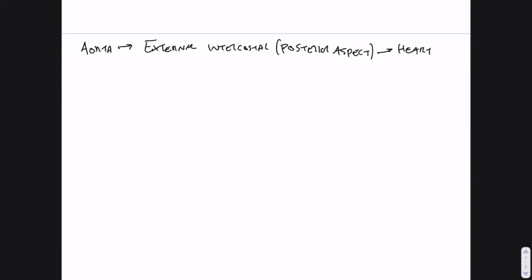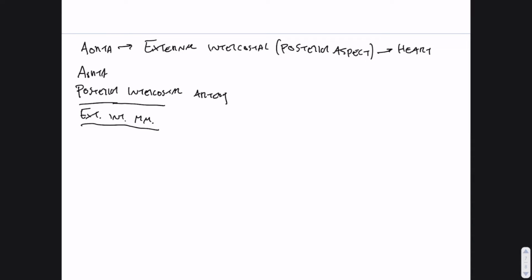So aorta, external intercostal muscle, and then back to the heart. So let's do that. We're going to start in the aorta, obviously. The external intercostal posterior aspect is fed by the posterior intercostal artery, and then we're there. So we're at that external intercostal muscle.